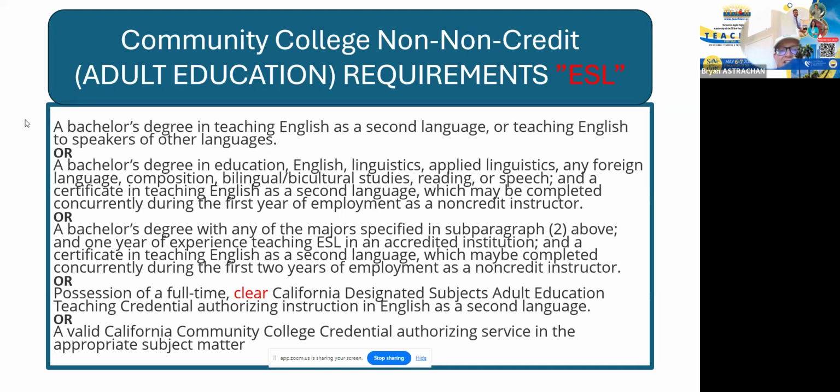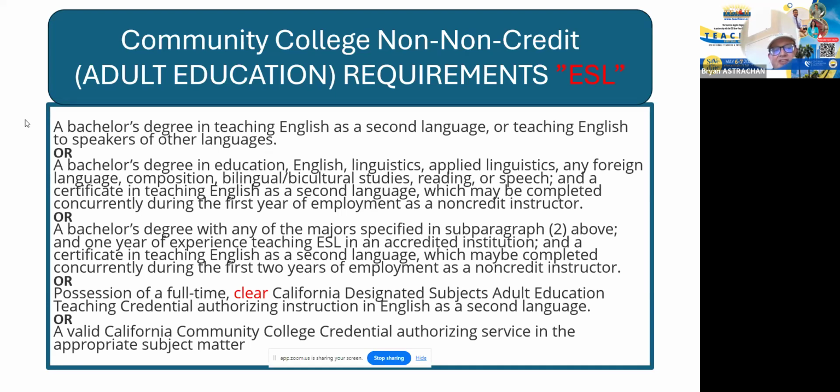Get a certificate in teaching English as a second language, which may be completed again concurrently. This time it says during the first 2 years of employment as a non-credit instructor. Now, this is going to segue into our presentation this evening about adult ed.